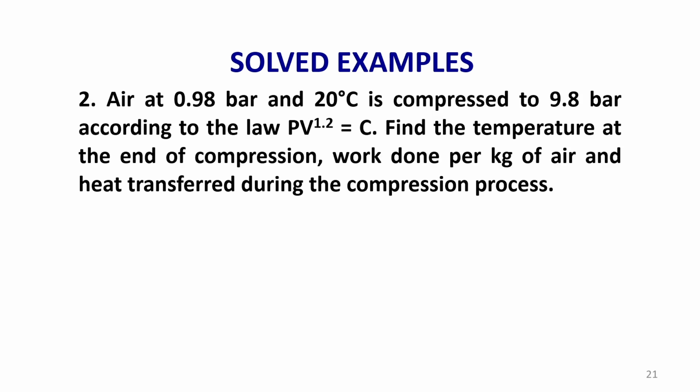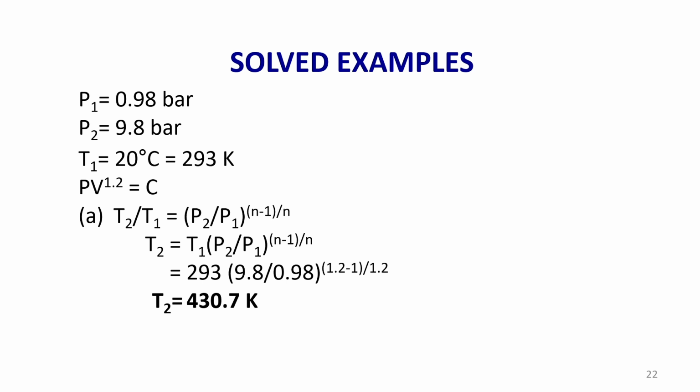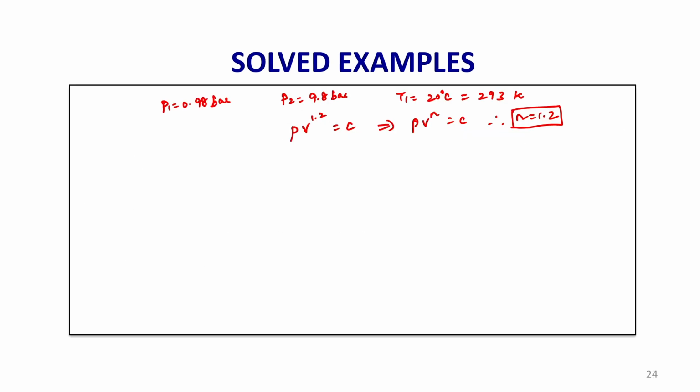Find the temperature at the end of compression, that means we have to find out T2. Process 1 to 2 is a polytropic process. So, T2 by T1 is equal to (P2 by P1) whole power (n minus 1) by n.